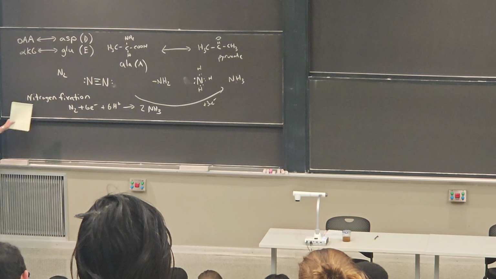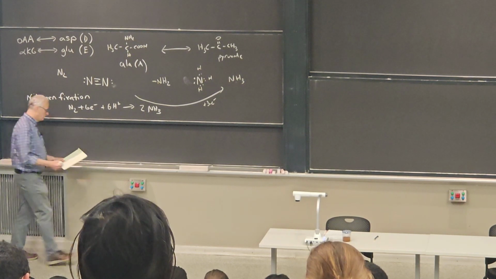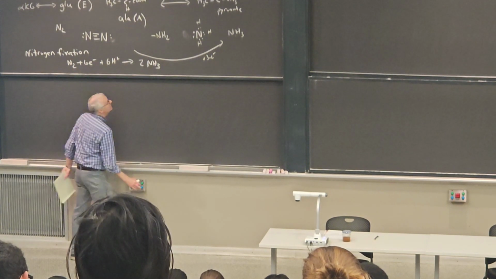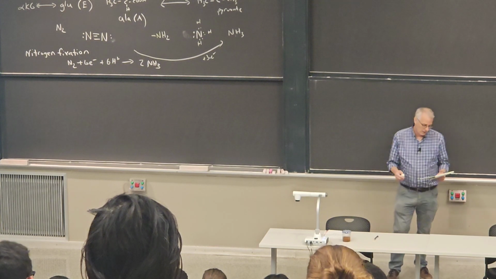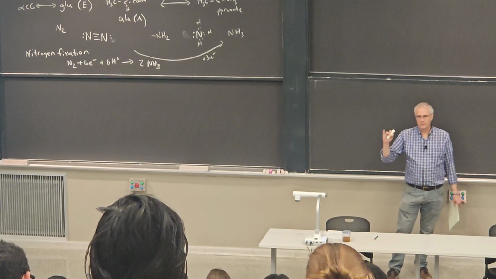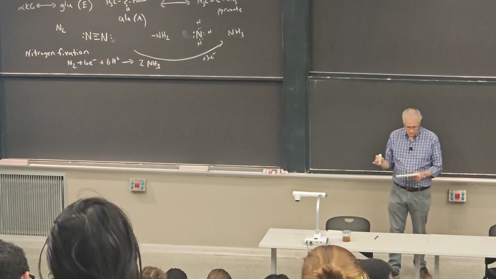Okay, that reaction, nitrogen fixation, nitrogen reduction, is probably one of the most important reactions that happens on Earth that allows life to exist. Life would not be possible without two things: photosynthesis, which we already talked about, and nitrogen fixation.